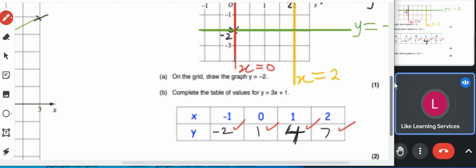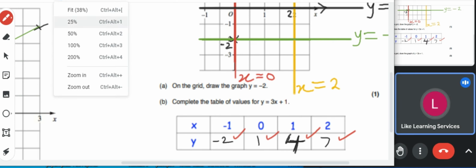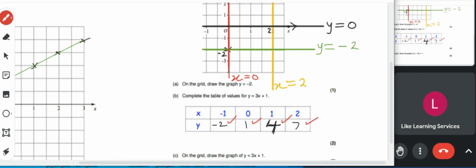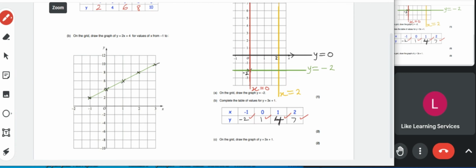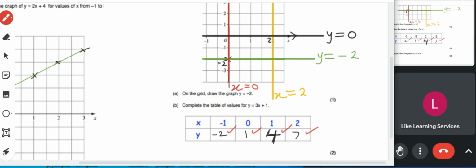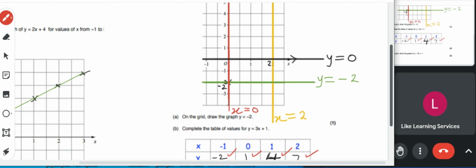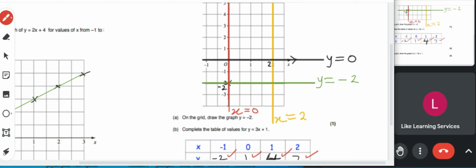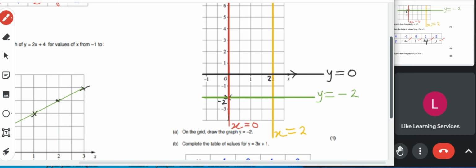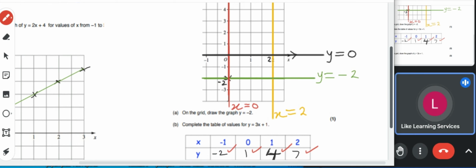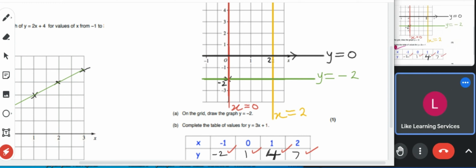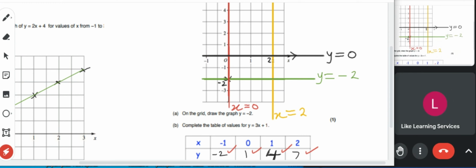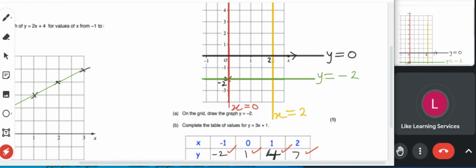So, go ahead and plot the values. When x is minus 1, y is minus 2, the first coordinate.